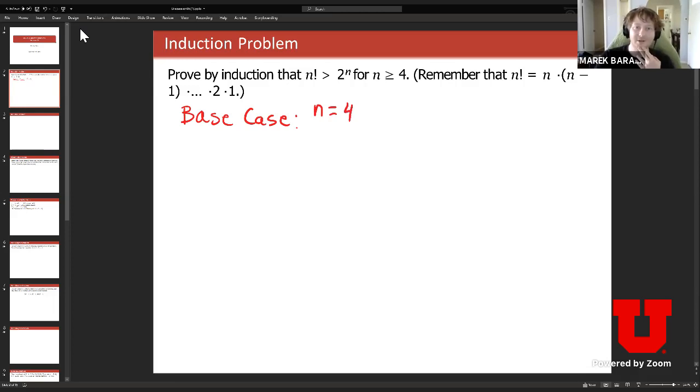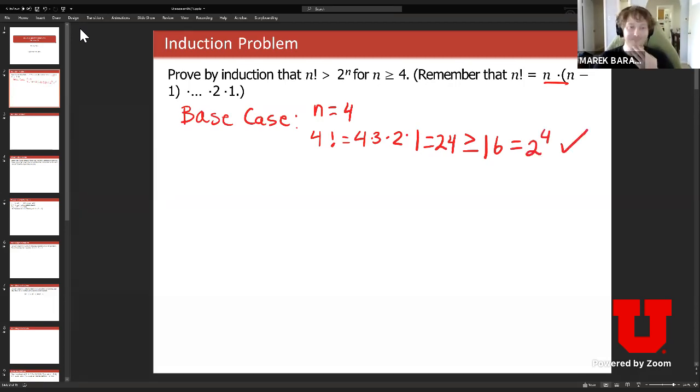And so we write 4 factorial, and then we use our definition of factorial. This is 4 times 3 times 2 times 1. That's equal to 24. And 24 is definitely greater than or equal to 16, which is equal to 2 to the 4. So we showed our base case.